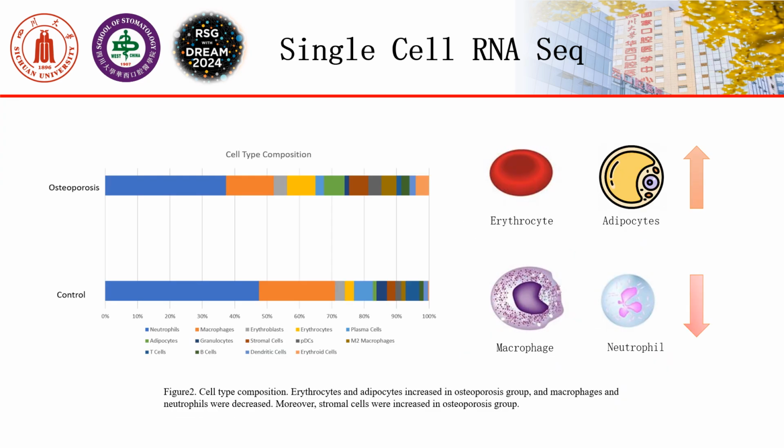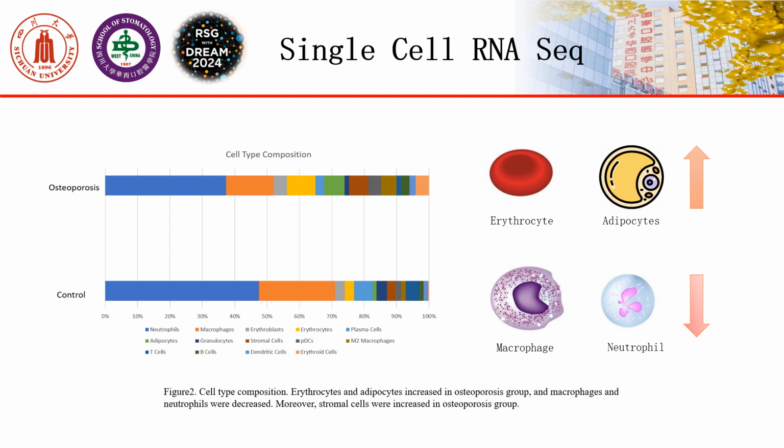In the cell type composition, we can see that the osteoporosis group had higher erythrocytes and adipocytes and lower macrophages and neutrophils. Moreover, stromal cells increase in the osteoporosis group.